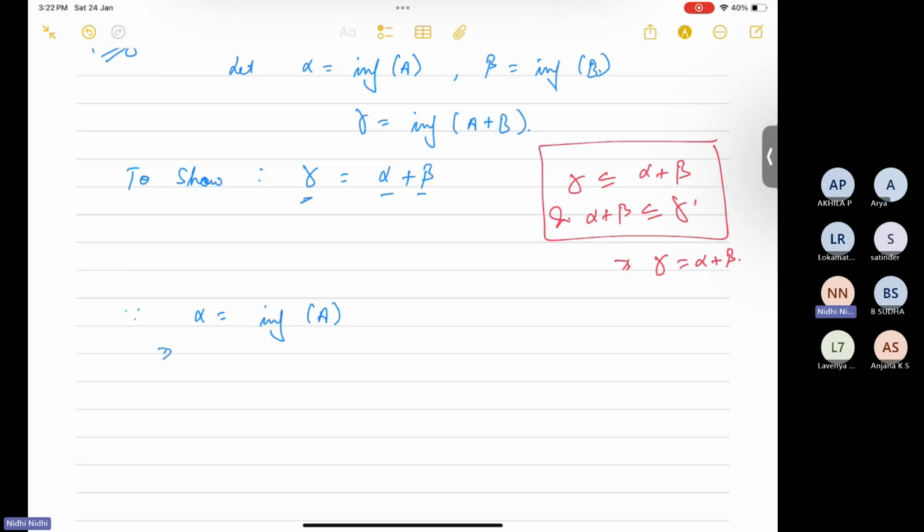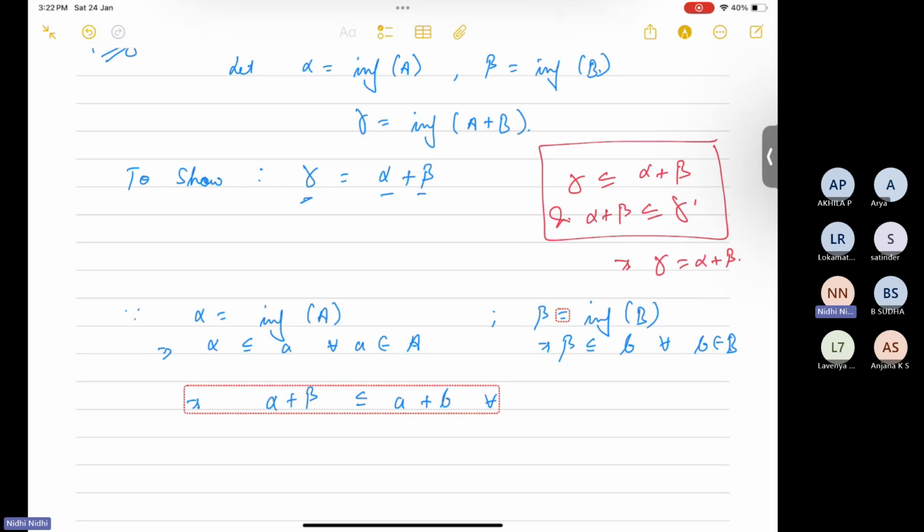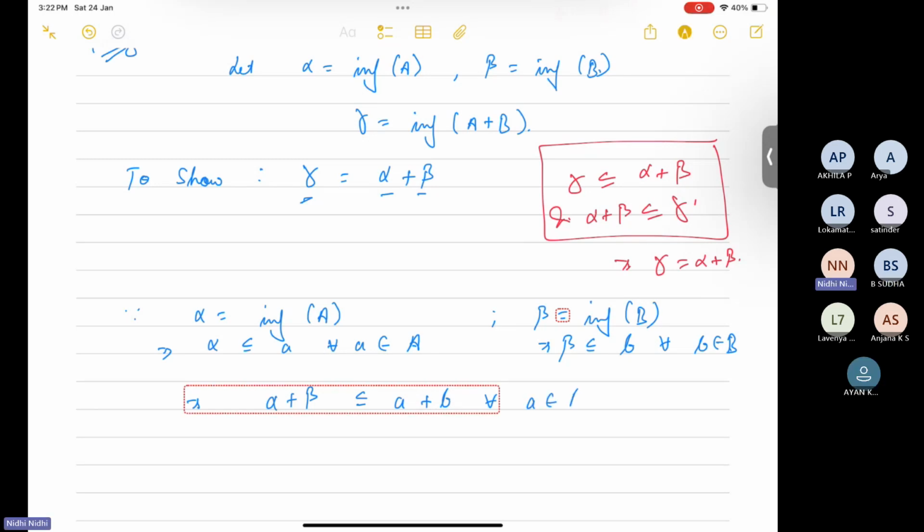So this implies alpha is less than or equal to a for every a in capital A. Similarly, since beta is the infimum of B, beta is less than or equal to b for every b in B. This implies alpha plus beta is less than or equal to a plus b for every a in A, b in B. Call this equation 1.